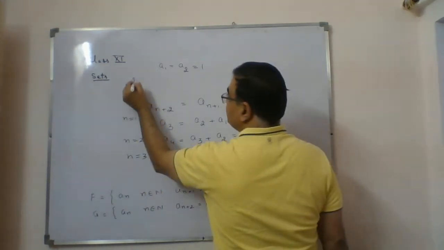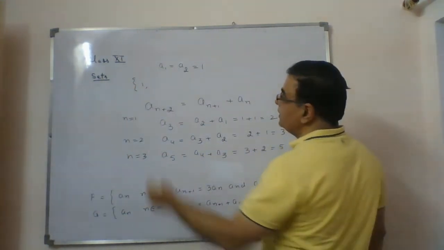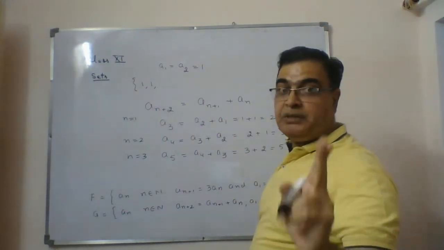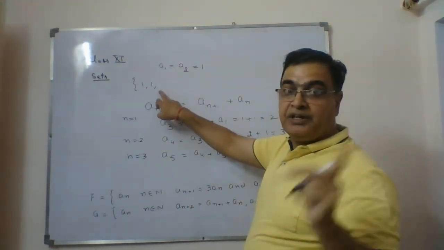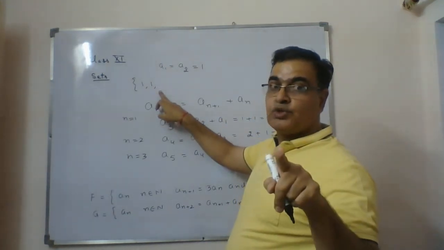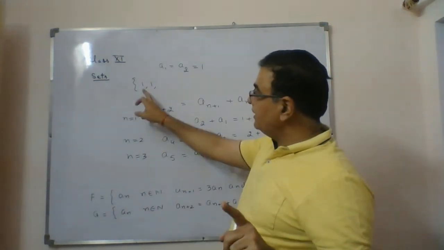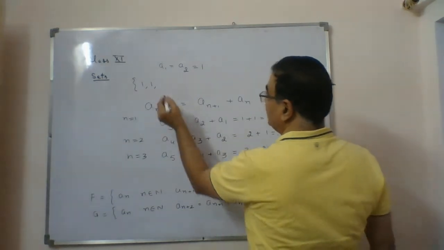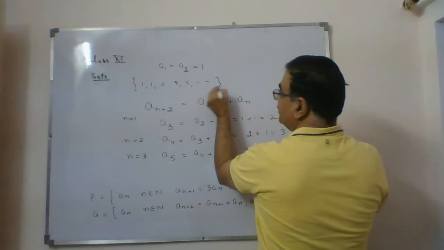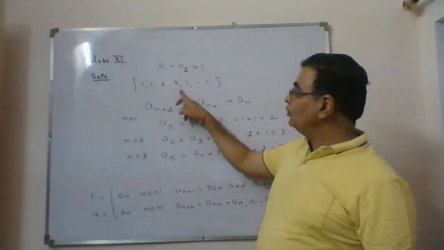So what will be the numbers here? a1, that is the first number, 1. a2 is also 1. Here you keep in mind the two terms are repeated. The same number is repeated, but this is indicating a1, this is a2. So you can't say that you can write it only one time. Otherwise, when the third number comes, 2, then 3, then 5, and so on, it would not be clear that this is the first term, this is the second term, this is the third term, fourth term, fifth term.